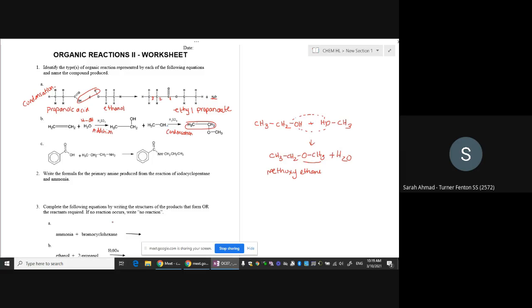Let's take a look at C. Now I've got a carboxylic acid with a benzene, so benzoic acid. Okay, and then I've got 1, 2, 3, and then I've got propanamine. This comes together somehow and links up with the amine.